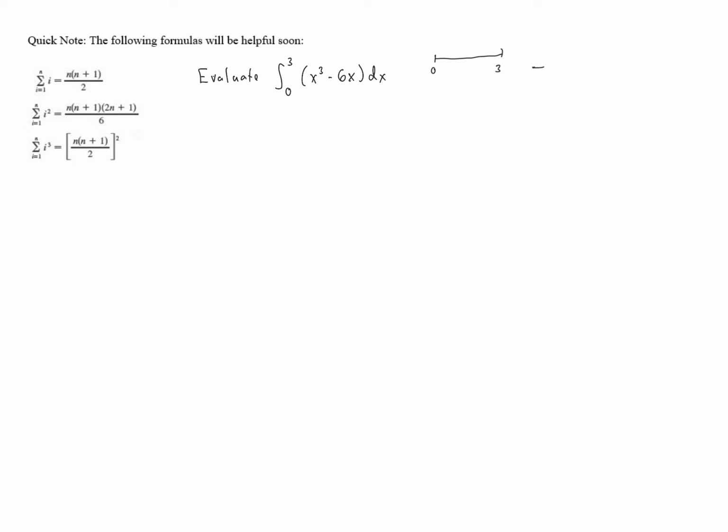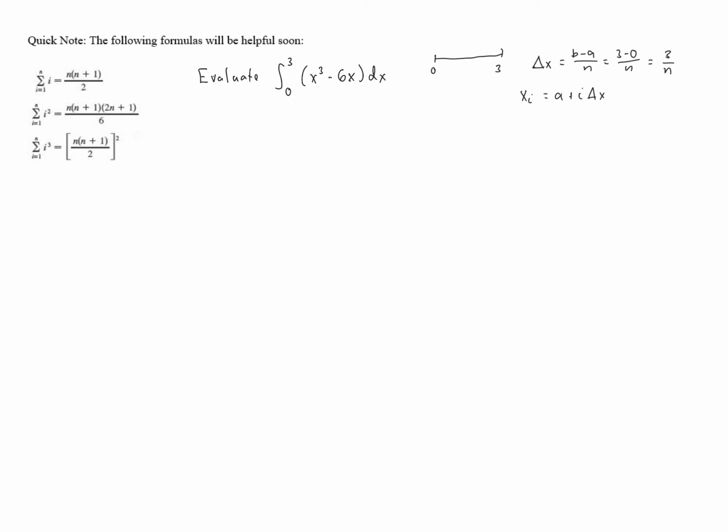And we're eventually going to need delta x. And we know that delta x is (b minus a) over n. In this case, that's going to be (3 minus 0) over n, which is just 3 over n. And then we knew that x sub i was a plus i delta x.